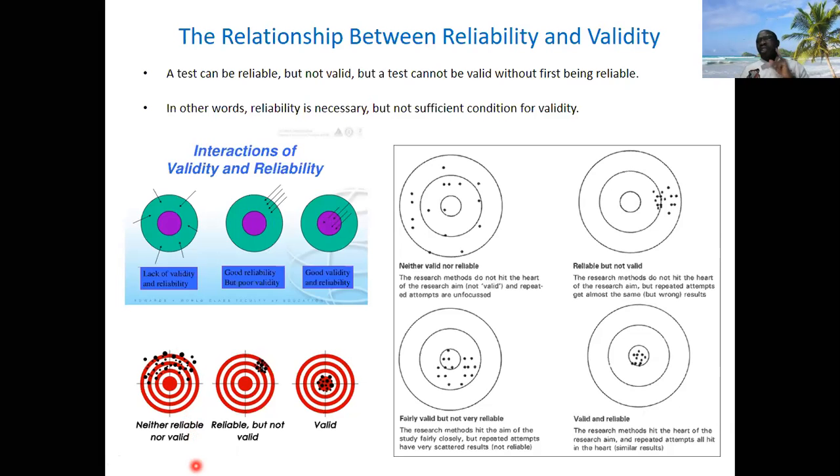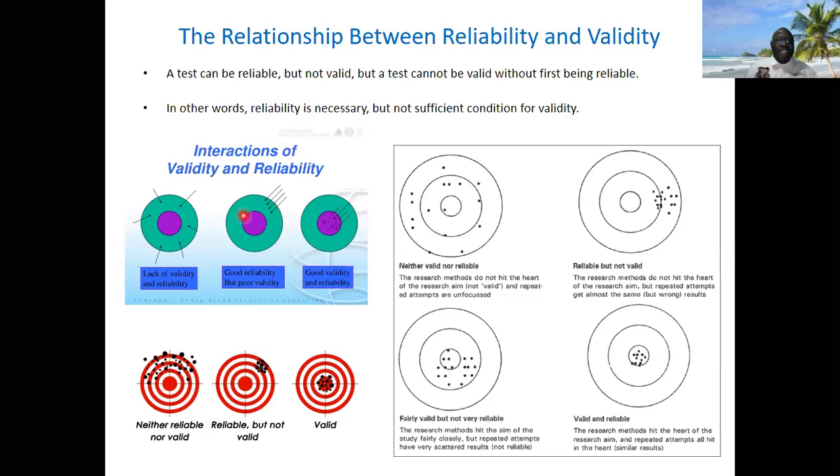Now, there's an issue here, and that is why I put the picture on the right side of this slide. Sometimes, if you do a lot of literature search to find out what reliability and validity mean and the relationship between them, you will probably see a fourth example here that will say not reliable but valid.